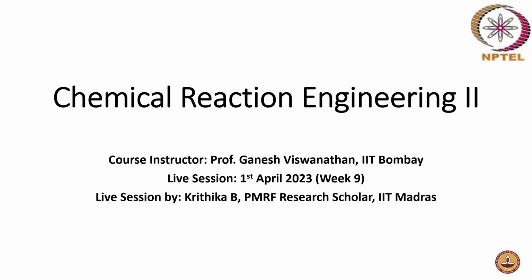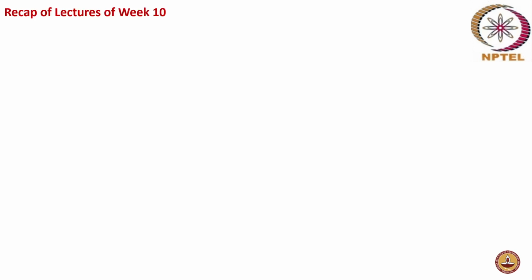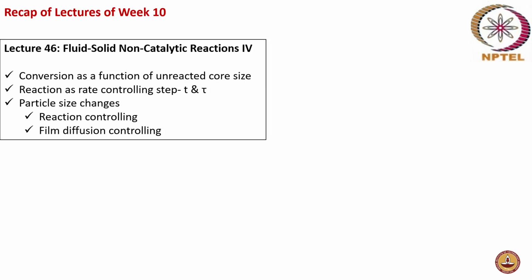So let's have a brief recap of the lectures of week 10. Week 10 had 5 lectures, of which the first 3 were on fluid-solid non-catalytic reactions, and the last 2 were on residence time distribution in non-ideal reactors.